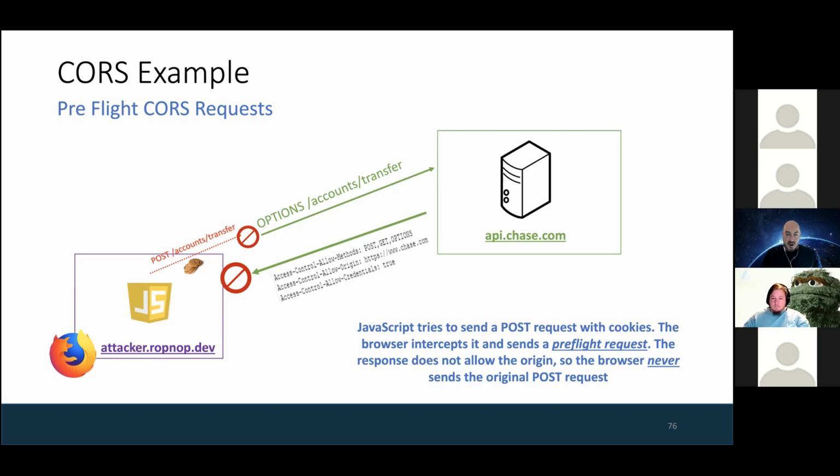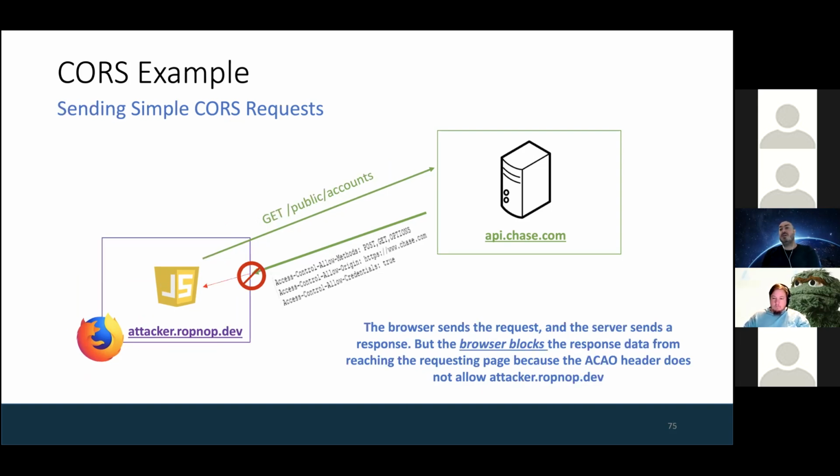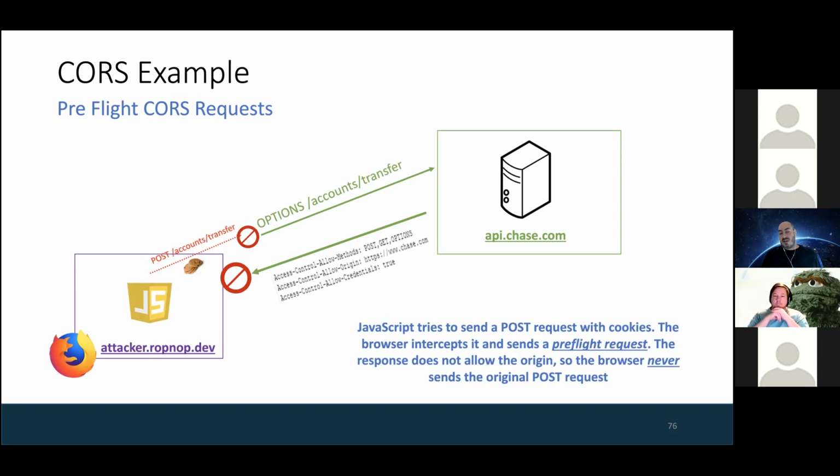In the earlier case, this gets sent, we get the policy back, we match against the policy, and we say, oh no, you're not allowed to see this. The decision making is done by the browser. And in this method, when the pre-flight is set, the browser decides not even to send the POST, because it knows it doesn't match, malicious or not. It just doesn't make its way through. Make sense?